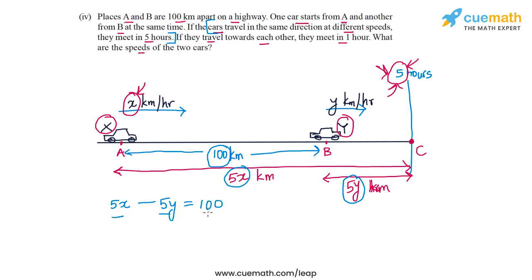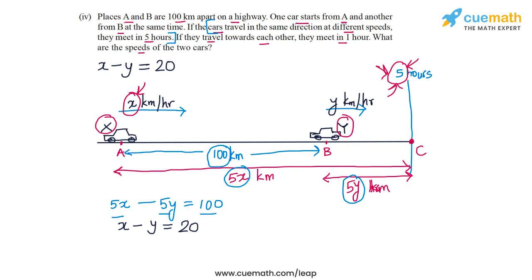So 5x minus 5y equals 100 is our first equation. If I divide by 5 on both sides, I get x minus y equals 20. So this is our first equation in x and y. Let's write it here: x minus y equals 20.